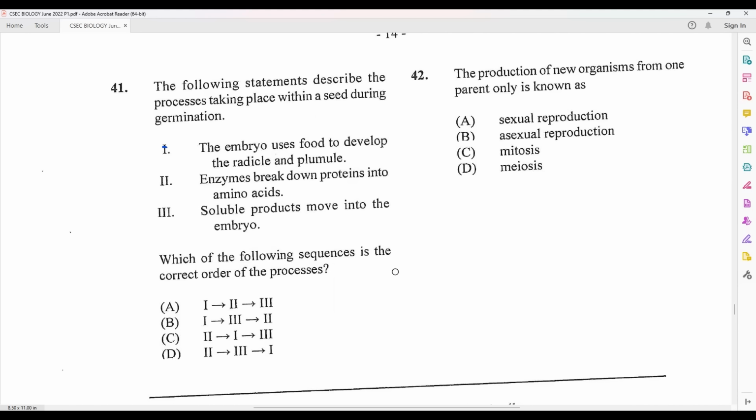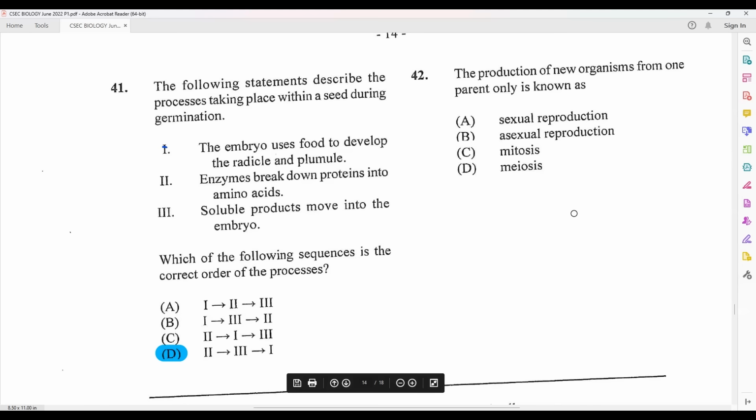And you know, germination of a seed involves the radicle and the plumule. The radicle becomes the root and the plumule becomes the shoot. So 1 is the end, 2 is the start, and 3 is the middle. So we are looking at D.